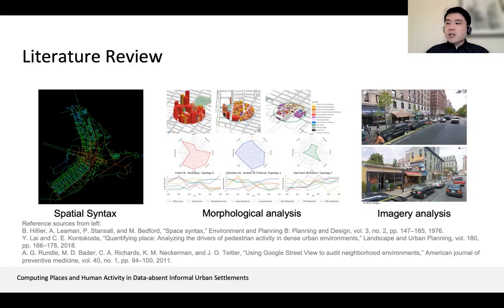And from the imagery aspect, since we humans sense places and perceive spatial characteristics based on visual factors, this area has been largely investigated through computer vision technology and imagery data analytics.